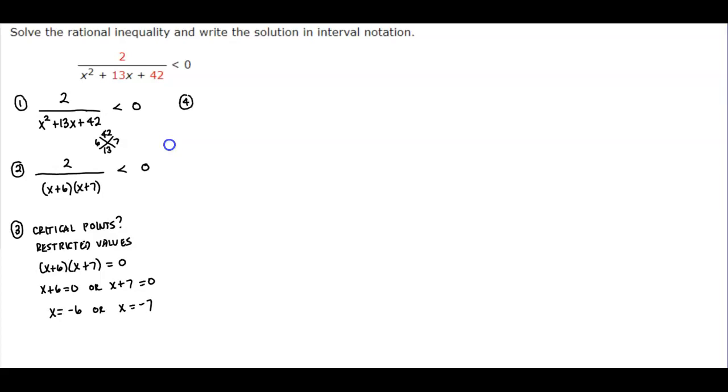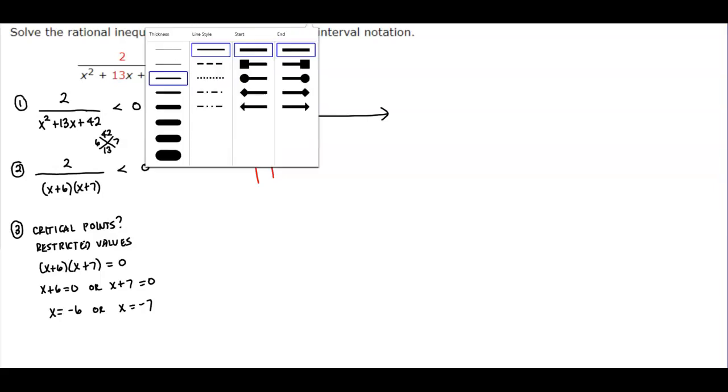Okay, now we're going to create our regions. So we have 0, we have negative 7, and we have negative 6. So we can see that we have region 1, region 2, and then region 3.